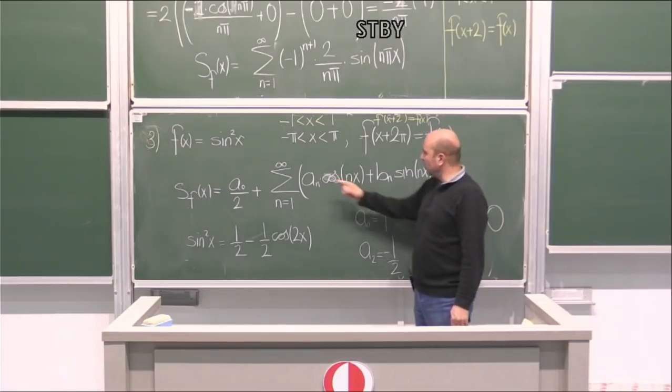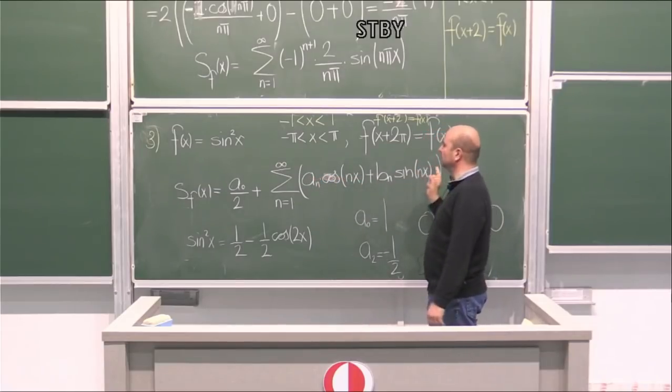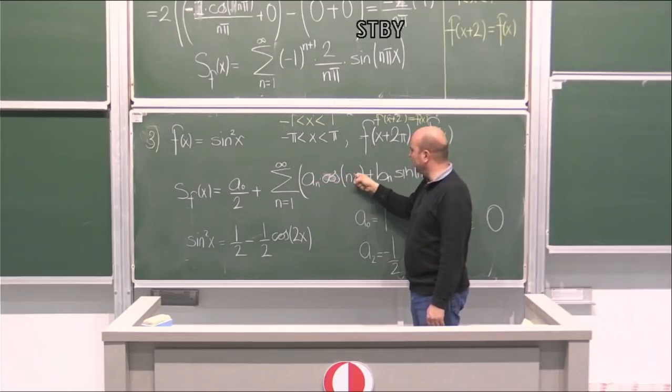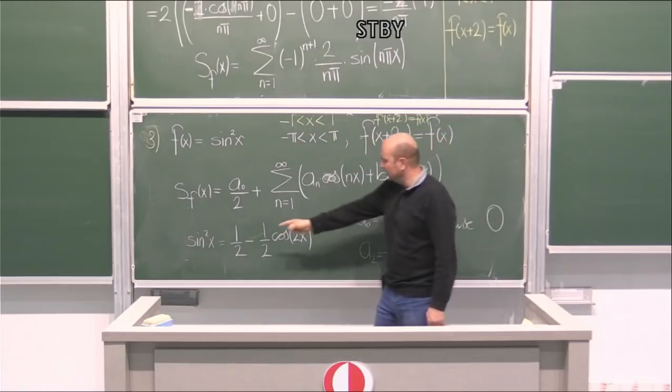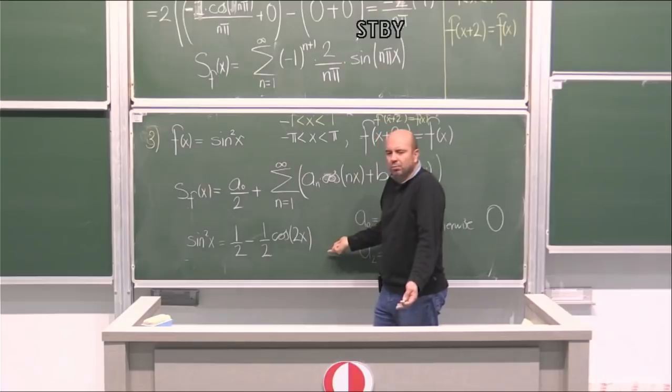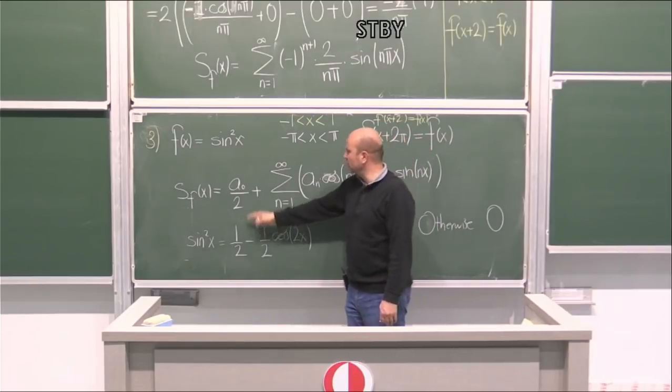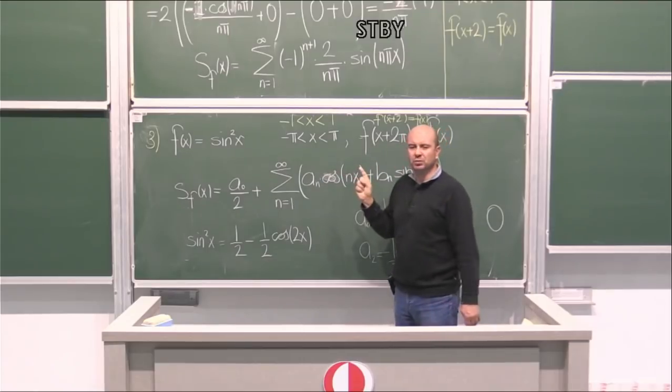If you write the expansion, you will have a n cosine n pi over 1 x, which means you will have multiples of pi here: cosine pi x, cosine 2 pi x, cosine 3 pi x. But your formula is still the same. There is no pi here, which means you will never reach such an expansion.